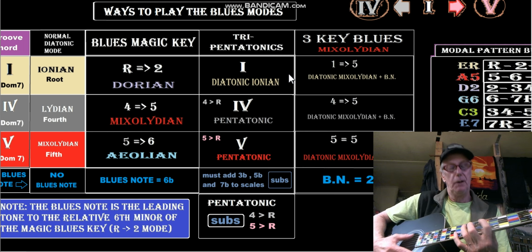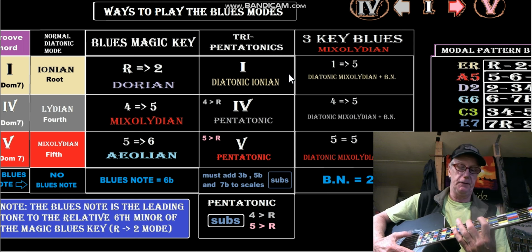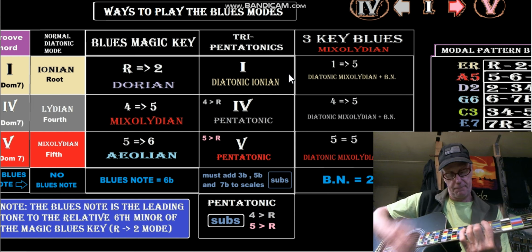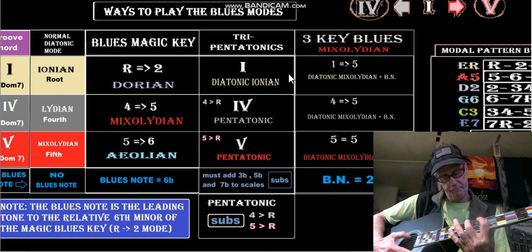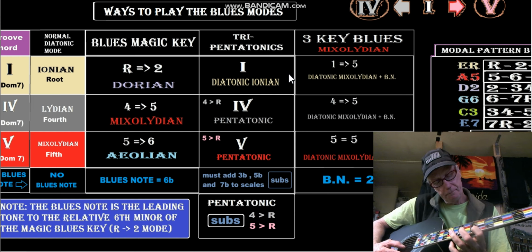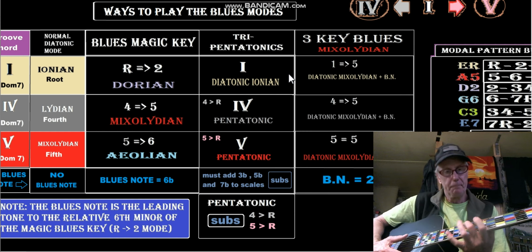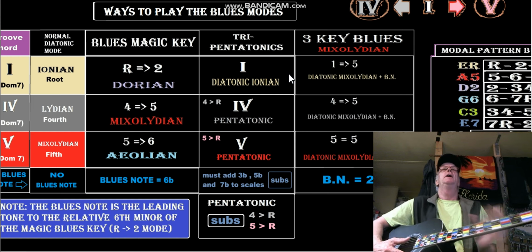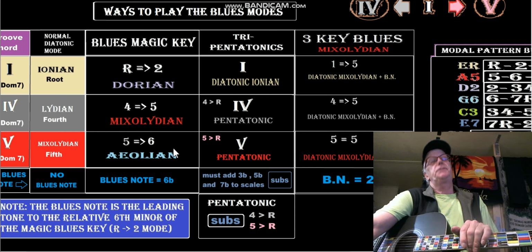Okay, so it's 5, 6, 7, root, 2, 3, 4. Okay, so that is our Aeolian, and it's sounding good.